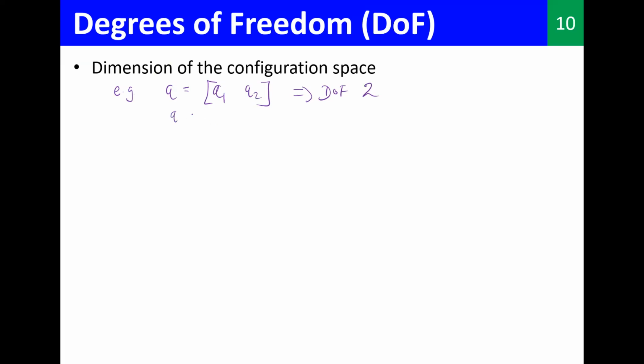I will give you another example. What's the degrees of freedom here? It's 4, because we have 4 joints and the dimension of the configuration space is 4. When it comes to learning dynamics, we have other ways to describe the degrees of freedom, but we are not going to talk about it.